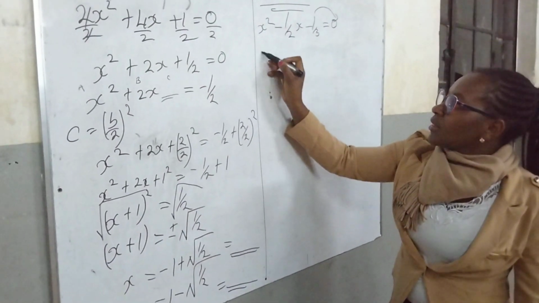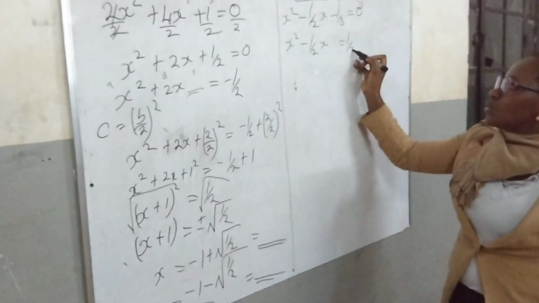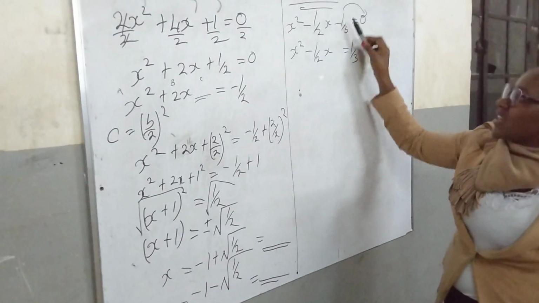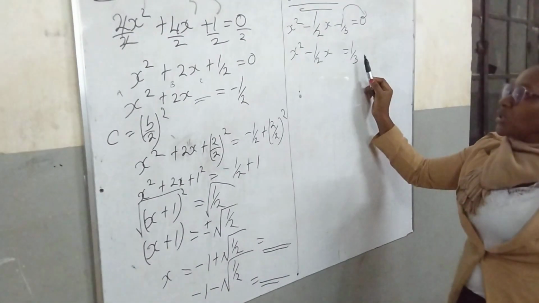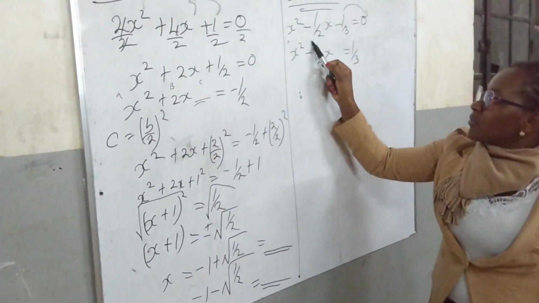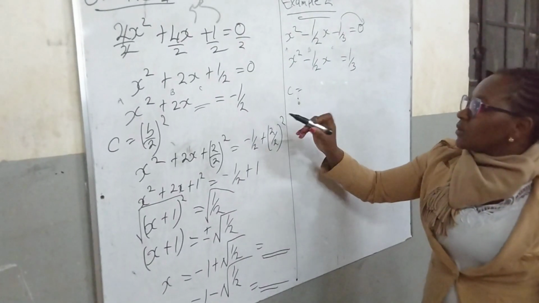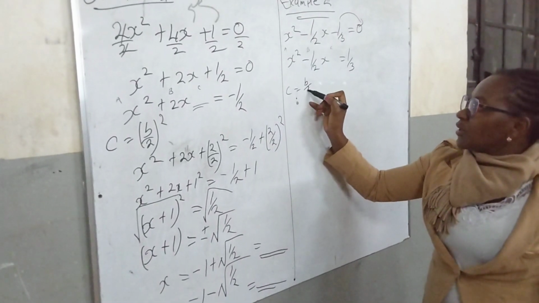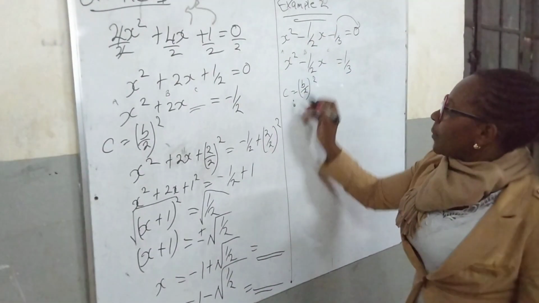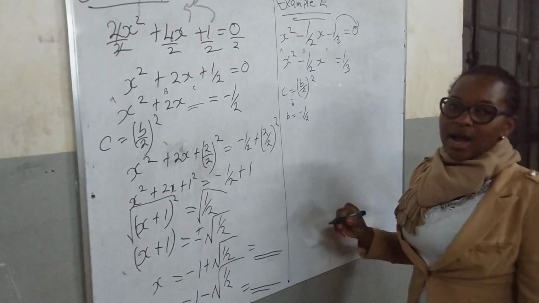So here we'll be left with x squared minus half x is equal to a third. Since on the left hand side we had negative a third, on the other side it is going to be positive a third. We have the value of a, we have b, now we need the value of c. And as we said, we get c by saying (b divided by 2) squared. On this part, our b is negative half.